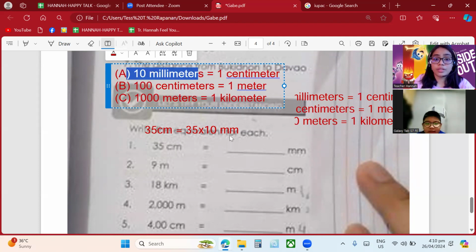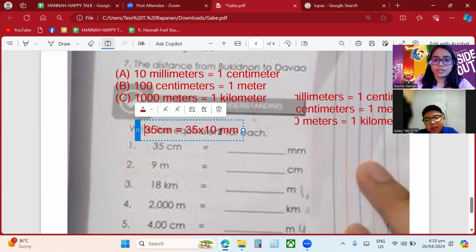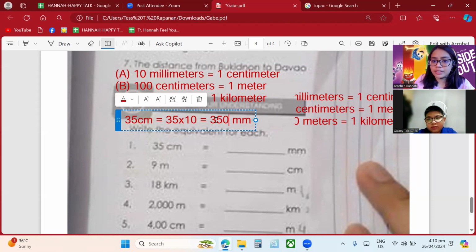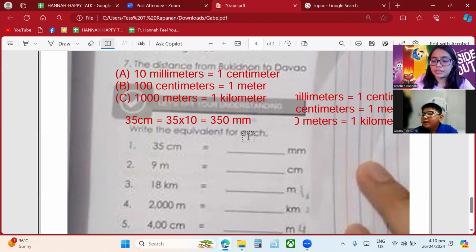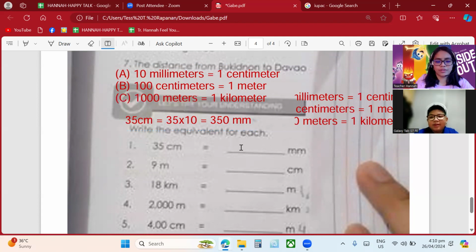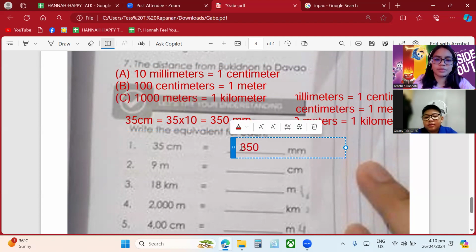Equals 35 times 10 equals 350. 350 what? Millimeters. Very good. 350 millimeters.